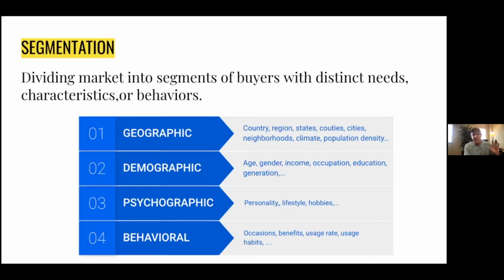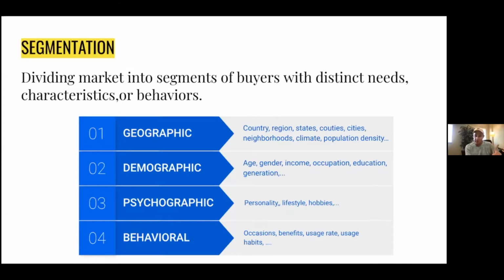Now, geographic may seem, why would I limit myself to geography? We'll talk about that. But geographic can be a country, a region of a country, the Northwest of America, the Midwest, a specific state or states, specific counties or cities. Okay, those are the typical ways that you see people doing these.